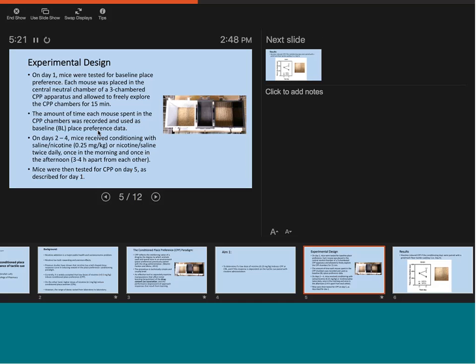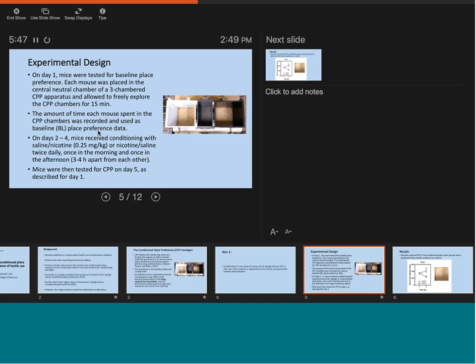Just like on day 1, where they're allowed to free roam, after the 3 or 4 days of conditioning treatments, in this case they would receive saline for one animal. Let's say they were assigned the drug-paired chamber in the bar. They would receive a low dose of nicotine here, or we would give them saline there. It could be given daily, every other day, or on a longer schedule.